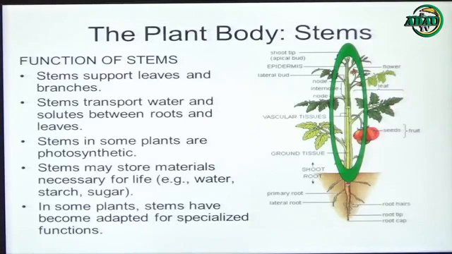But you should remember that the stem is not the only organ that provides the function of conduction of water, minerals, or food, organic matters, because the vascular system is continuous throughout all the parts of the plant.